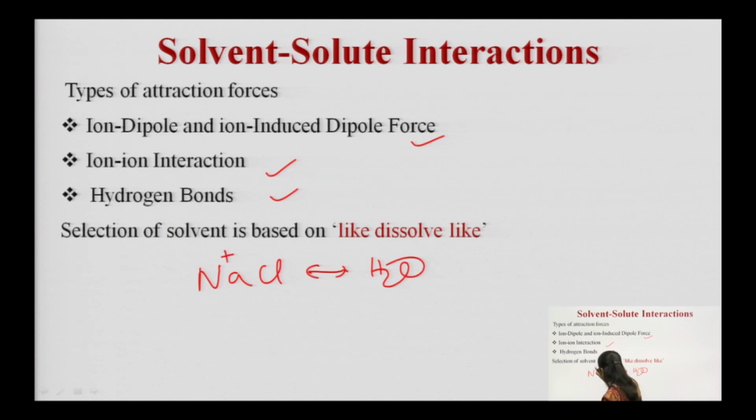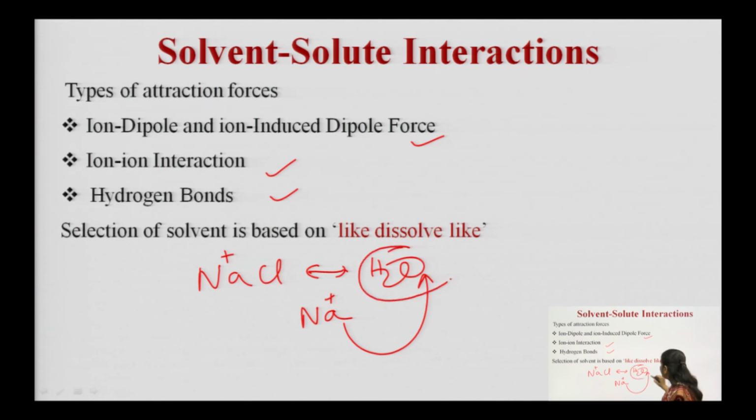The cation, Na plus, is attracted towards the negative part, that is towards the oxygen of water, and the chloride, which is the anion or negatively charged ion, is attracted towards the positive hydrogen of water.